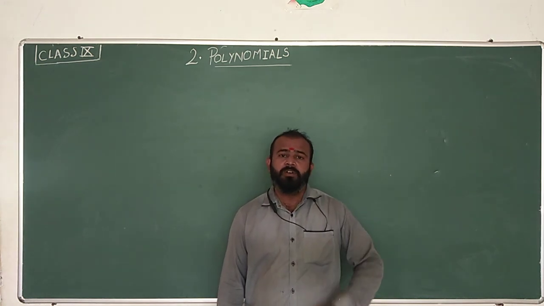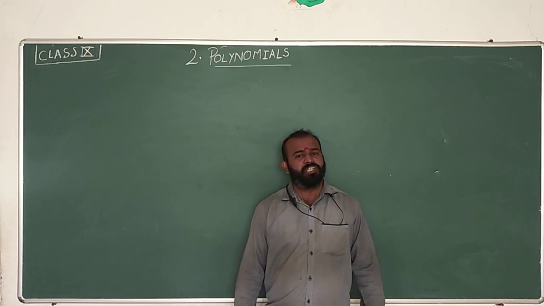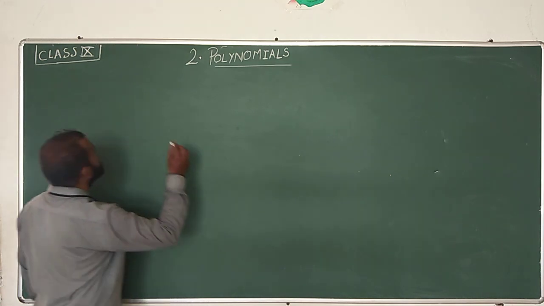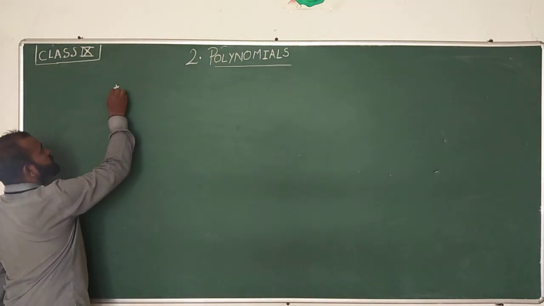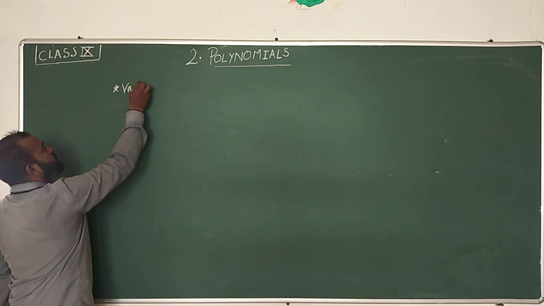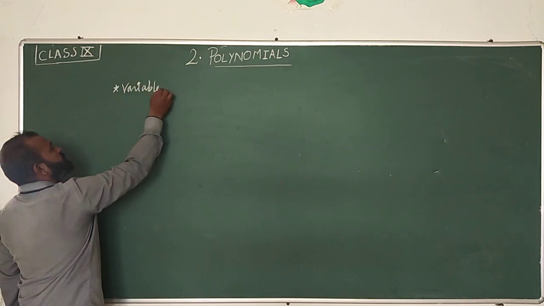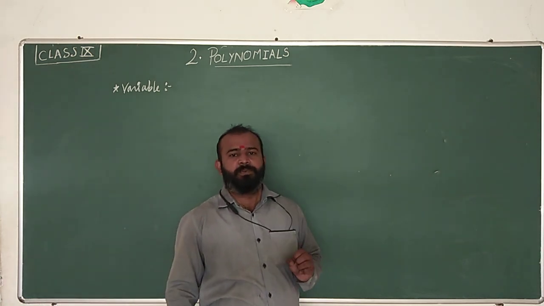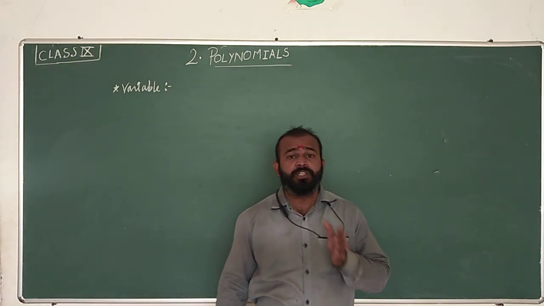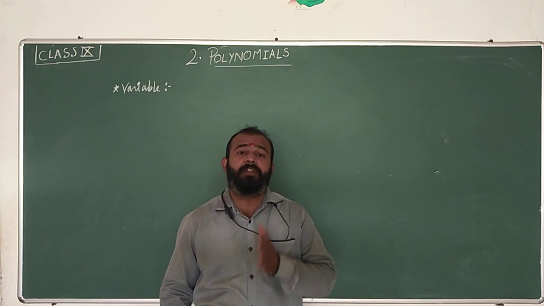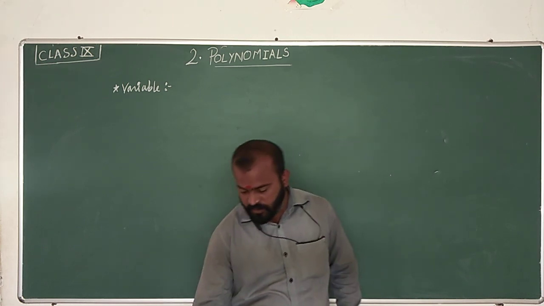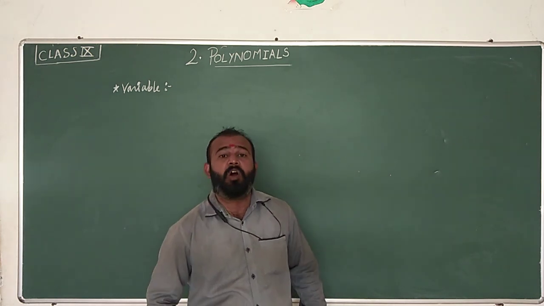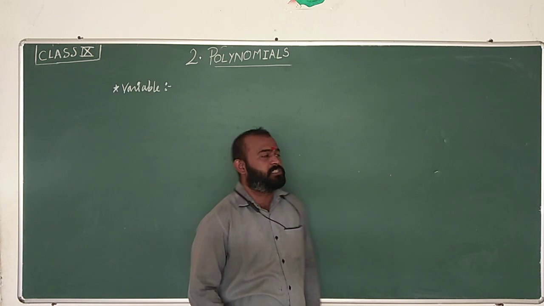Now we will start polynomials with the basics only. You have learned what variables are. Variables, everyone will know. Variables means what? The symbols which don't have a fixed value are called variables.